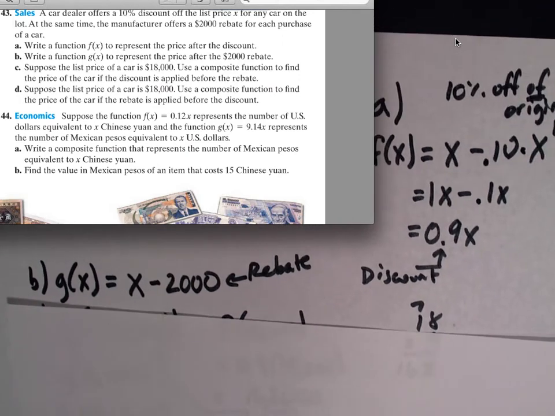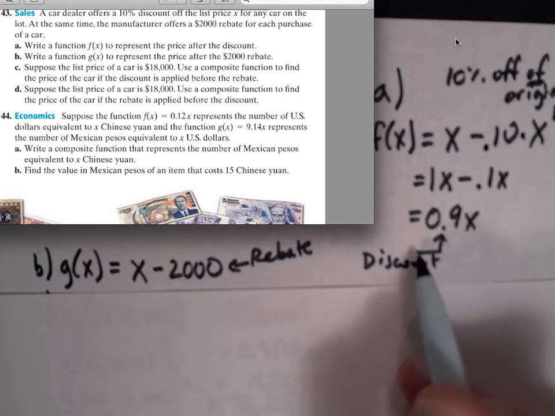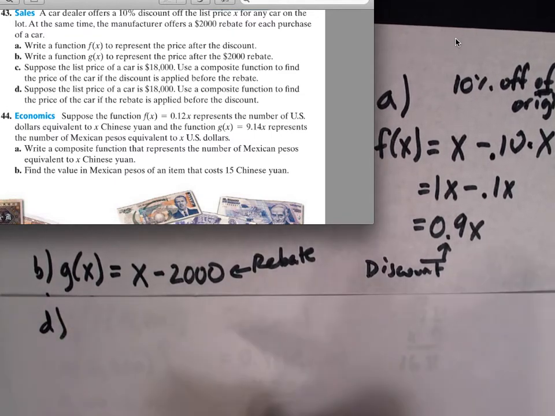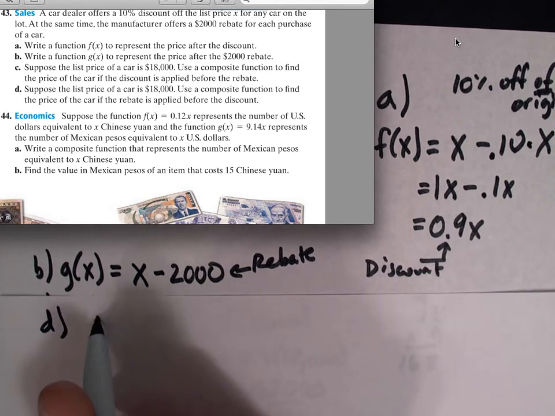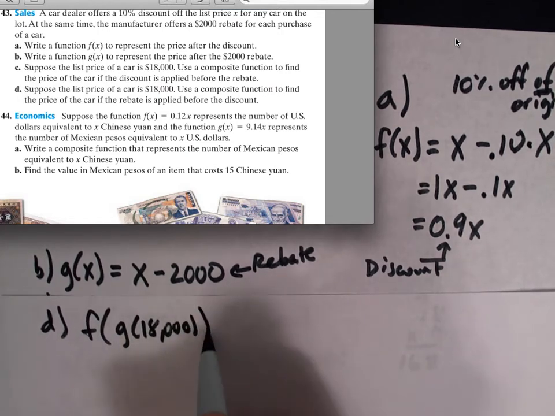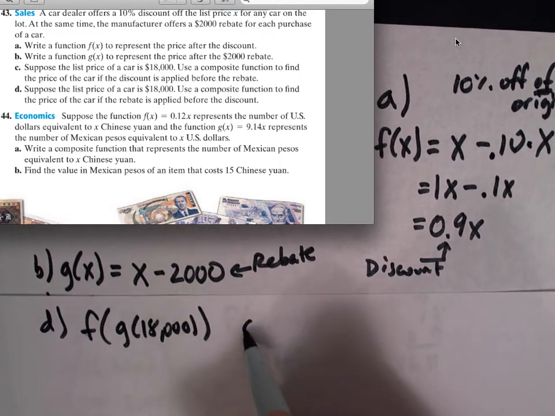So I'm going to cover this up for room. I've got my rebate and I've got my discount. Let's do the rebate first. This is letter D. So I want to find f of g of 18,000, again because I want to do the rebate first. So let's find g of 18,000.